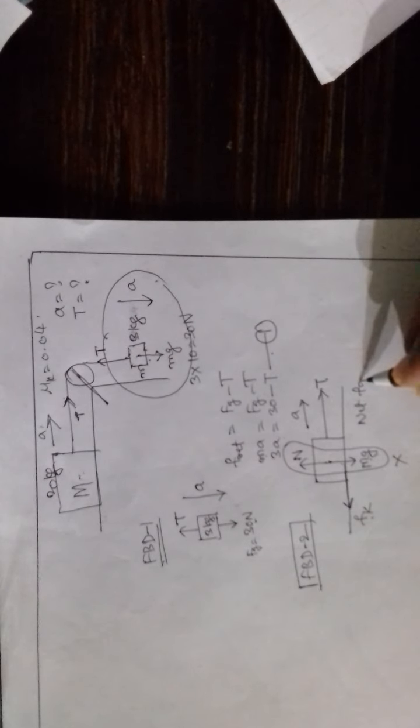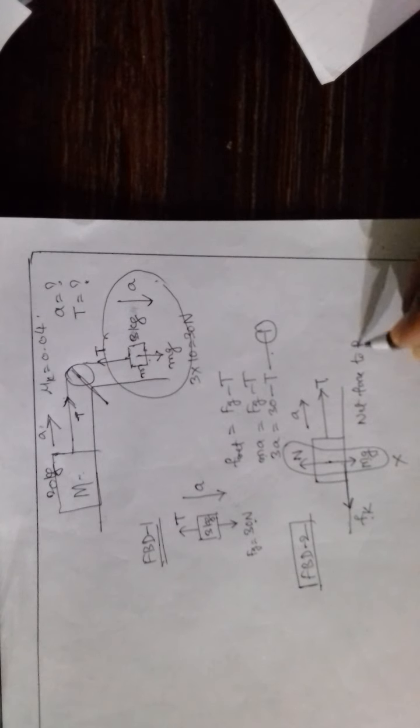So the net force to the right-hand side: F net is equal to, since you are taking net force to the right-hand side, the right-side physical quantity is taken as positive and the opposite force is taken as negative. So this is the net force.